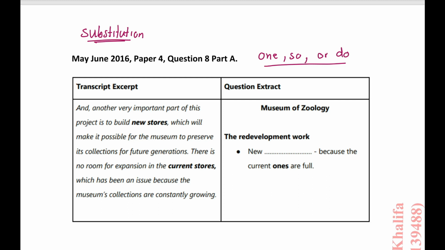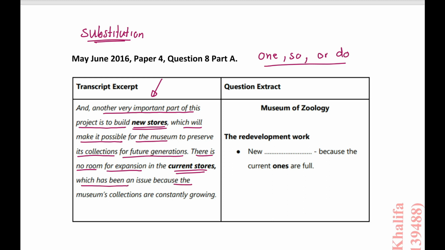This is the audio: and another very important part of this project is to build new stores, which will make it possible for the museum to preserve its collections for future generations.